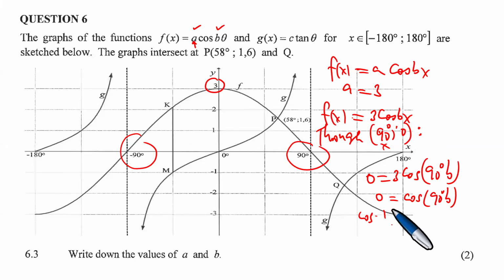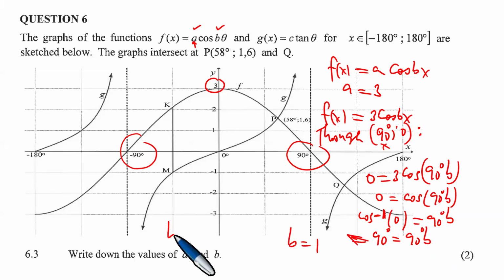So arc cosine of 0 is 90 degrees b. What is arc cosine of 0? Arc cosine of 0 is exactly 90 degrees, which is 90 degrees b. Dividing both left and right by 90 degrees gives us b equals 1.